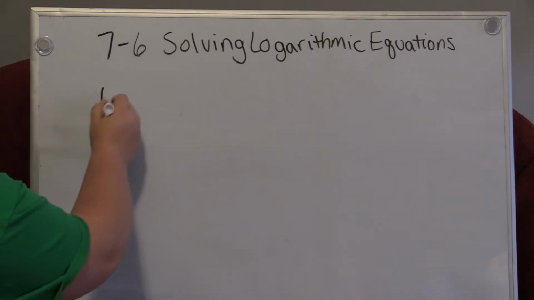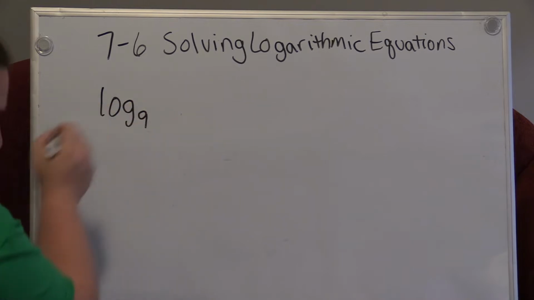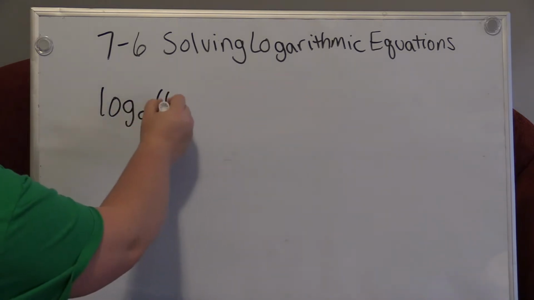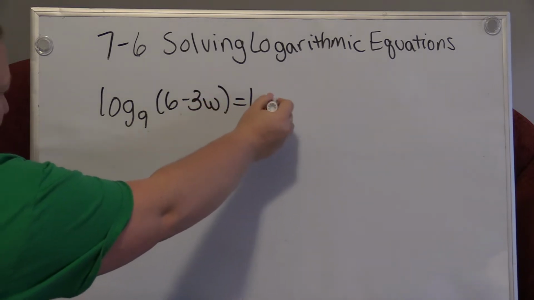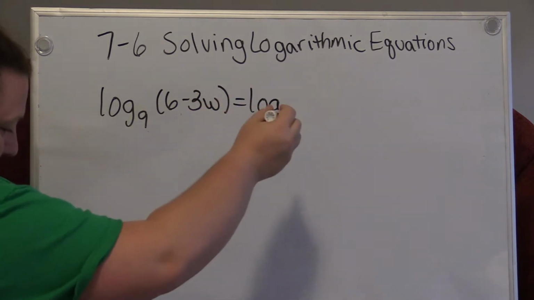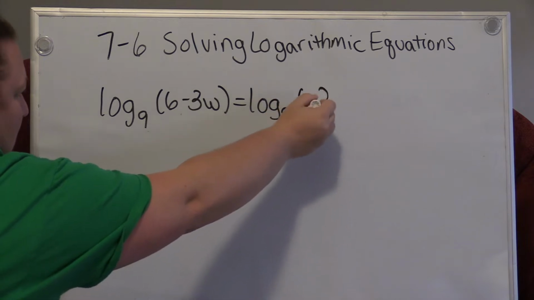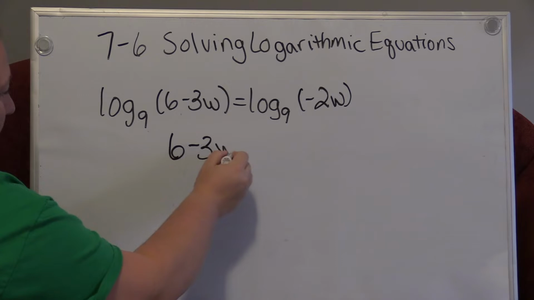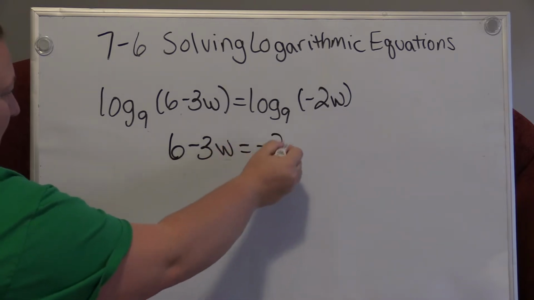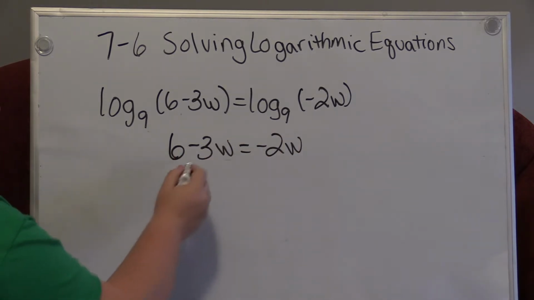So I get log base 9 of 6 minus 3w equals log base 9 of negative 2w. So 6 minus 3w equals negative 2w.